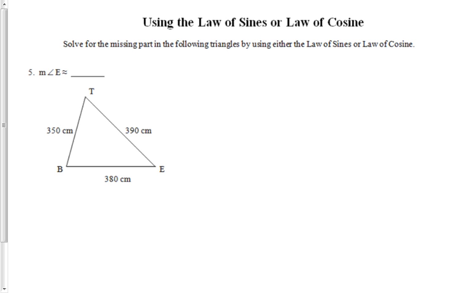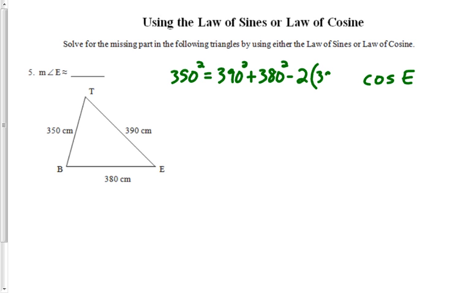So we're trying to find angle E, so we'll say cosine of angle E at the end. That means side E has to go at the very beginning. So 350 squared equals 390 squared plus 380 squared minus 2 times 390 times 380 times the cosine of angle E. So there's our setup.